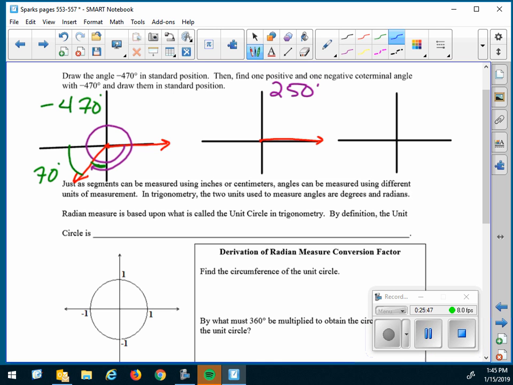Positive angle, so counterclockwise. 90, 180. If I go all the way to the next axis, that's 270. I don't want to go that far. What's my reference angle? I went 180, and then I had to go extra. 250 minus 180.